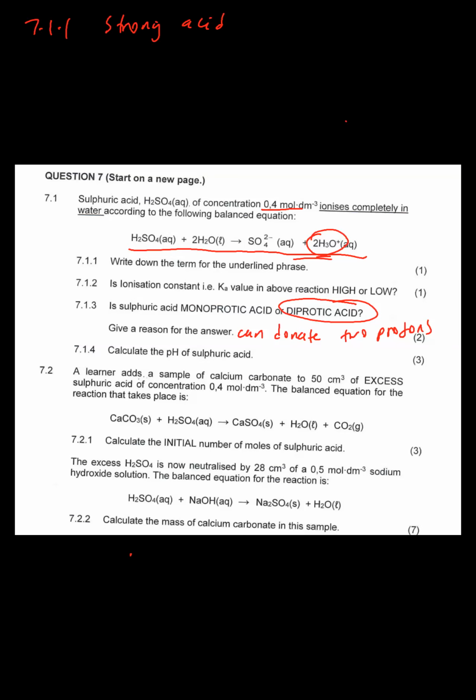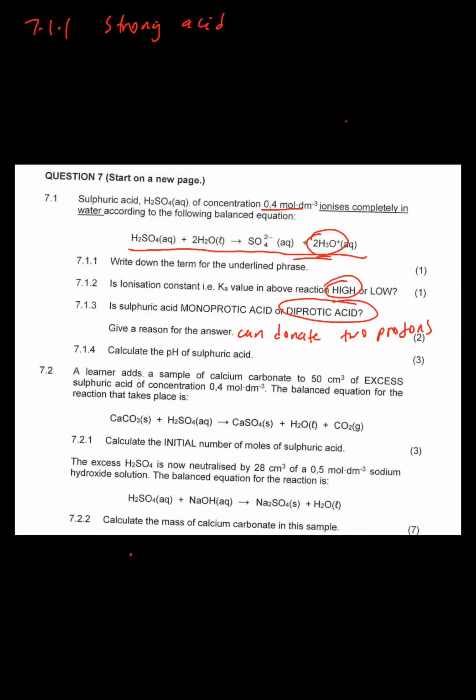The Ka value of a strong acid is high, because it dissociates completely in water. That of a weak acid is low because it dissociates incompletely in water. So the correct answer is I. So we are done with 7.1.3.